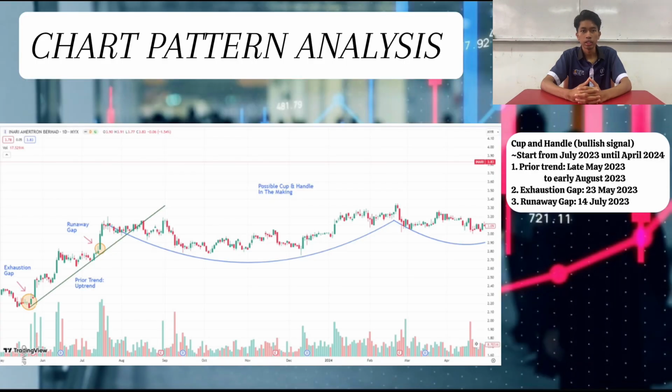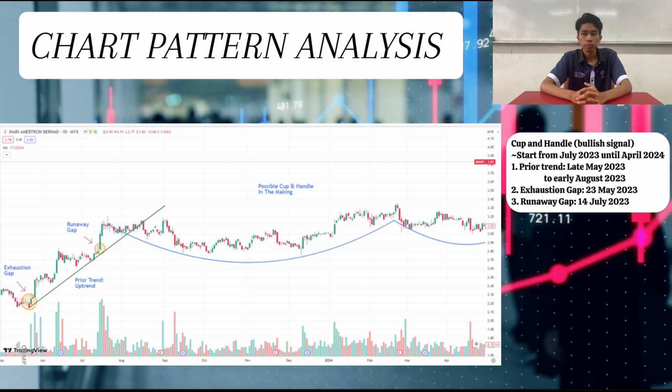So for the chart pattern analysis, we have detected a potential cup and handle, indicating a bullish signal for Inari Amertron Berhad. This pattern occurred during the period from mid-July 2023 until late April 2024. Next, we have detected the exhaustion gap on 23 May 2023.